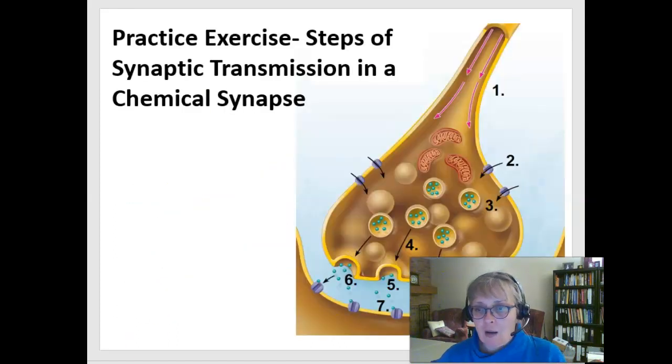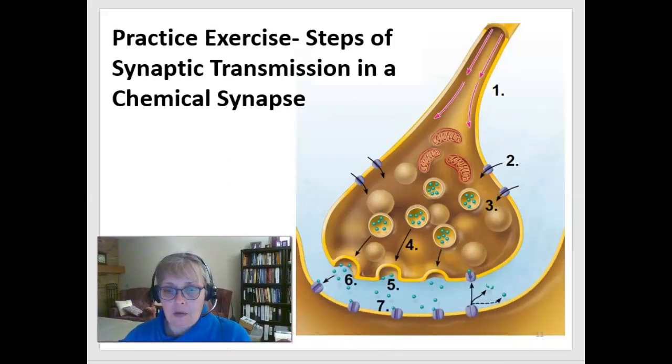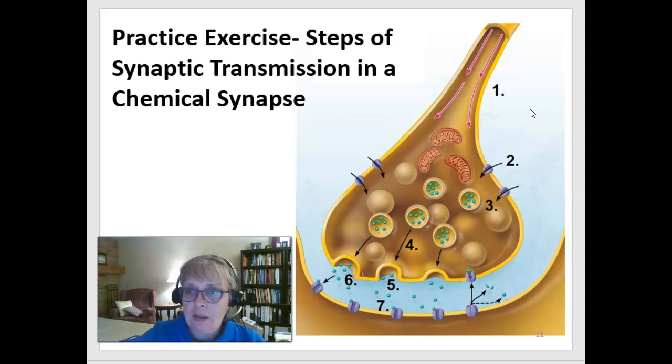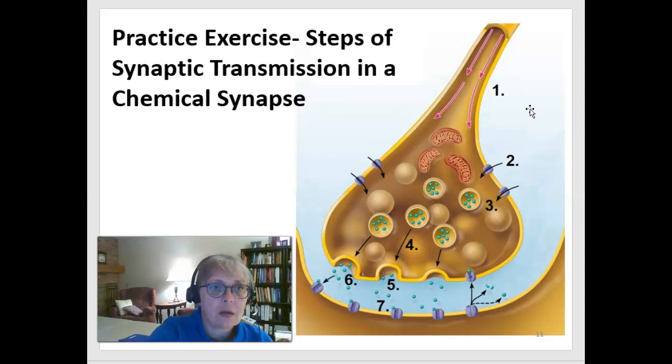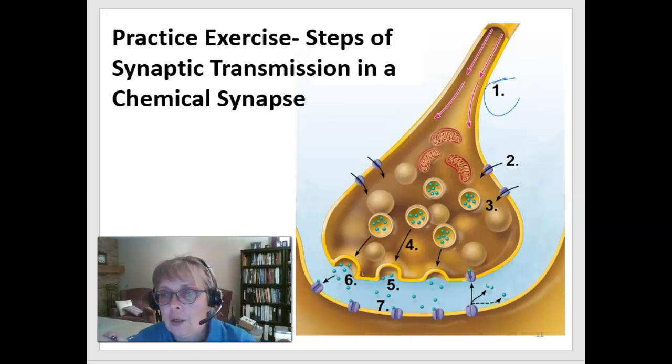Go through the steps. See if you can come up with the answers for what these steps are. This is showing depolarization of the presynaptic neuron. That relates to the opening of this calcium channel.